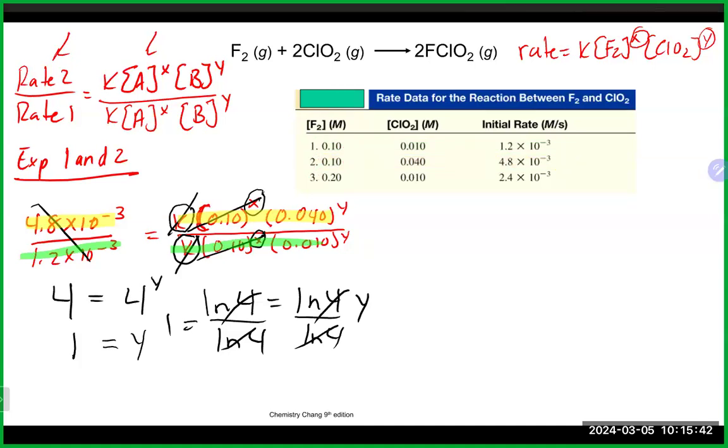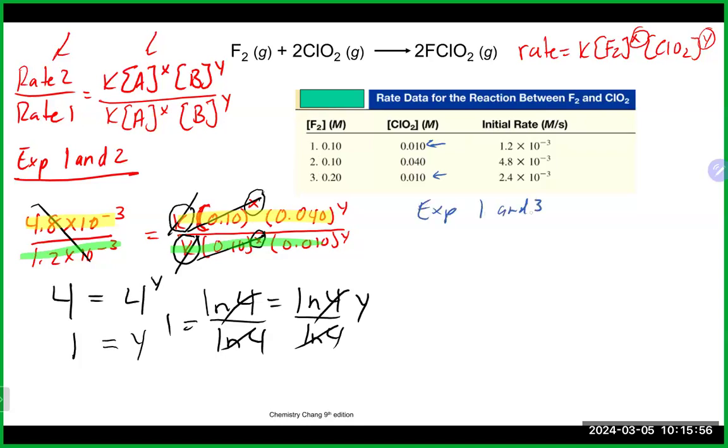We're going to look for two entries where the ClO2 stays constant and the F2 varies. In this case, that looks like experiments 1 and 3 will achieve that. And we're going to do the exact same thing. In this case, it looks like experiment 3 has the larger rate, so I'm going to put everything for experiment 3 up on top.